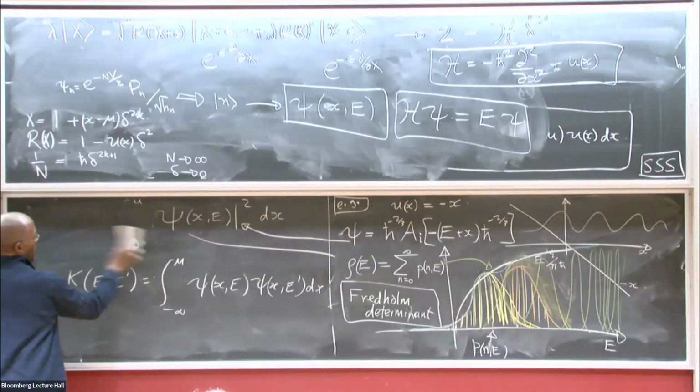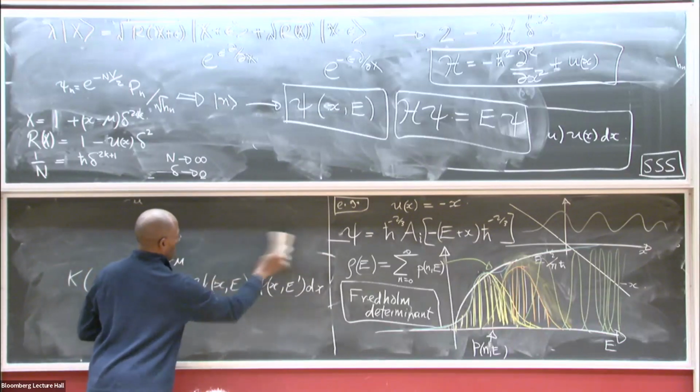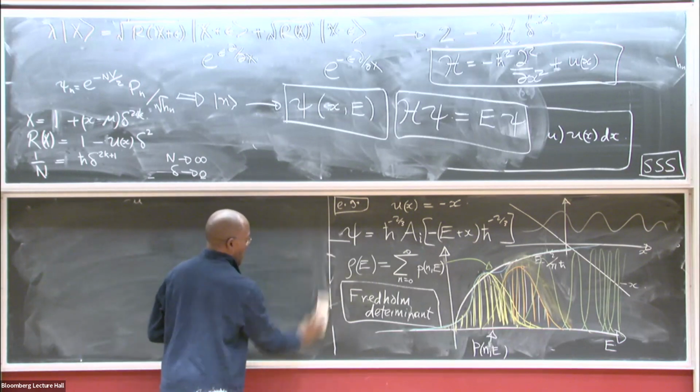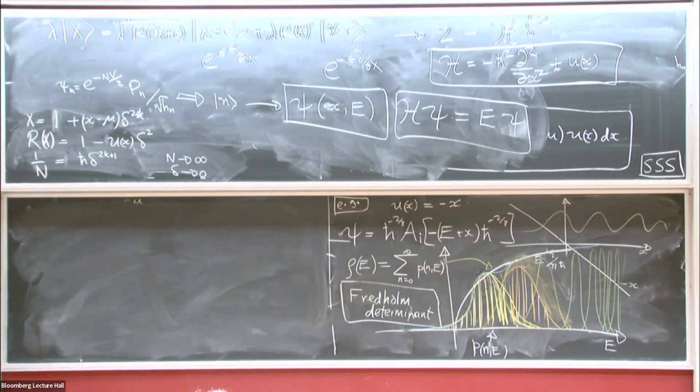There's a very nice tool which is useful. Let me just show you that. It gives you the asymptotic form of the location of those peaks, and moreover, helps confirm something that you might quite justifiably be worried about.